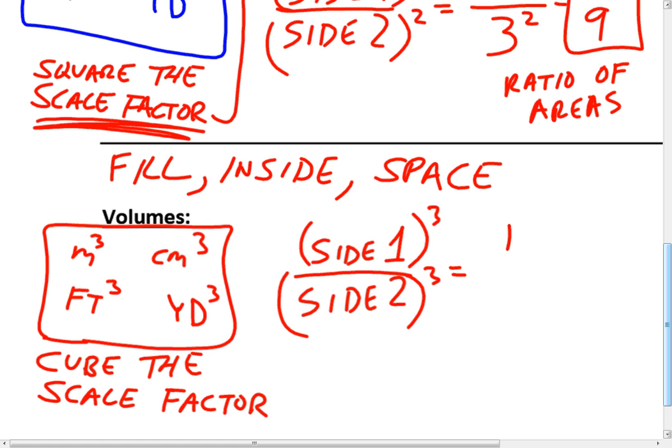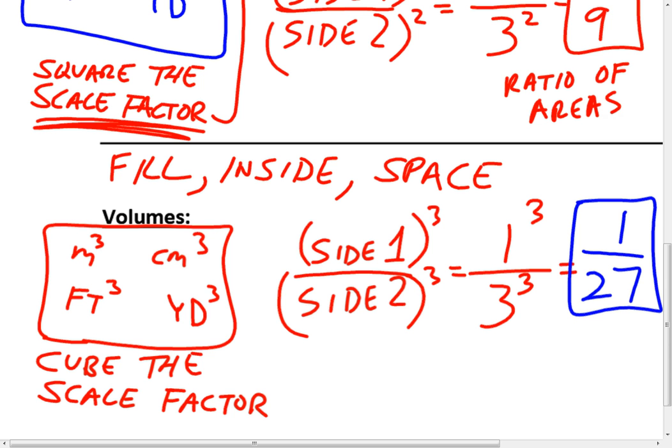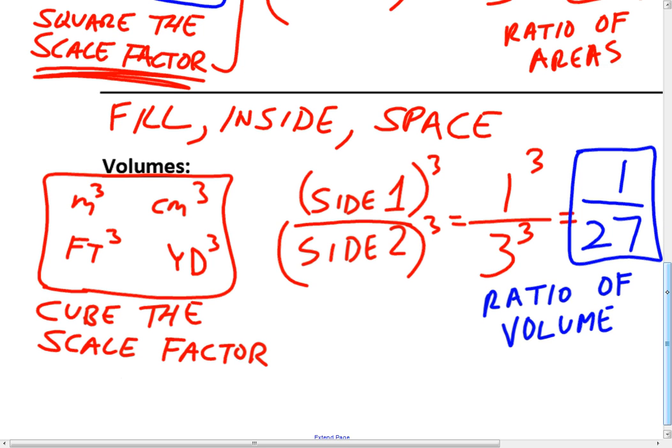I'm choosing to use the reduced scale factor. 1 cubed, 3 cubed, 27. What is that? Ratio of the volumes. So if you compare the volume numbers, they're not going to be 1 to 3, 1 to 9, they're going to be 1 to 27. Much different than just the scale factor.